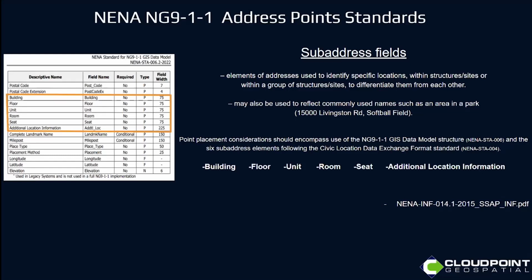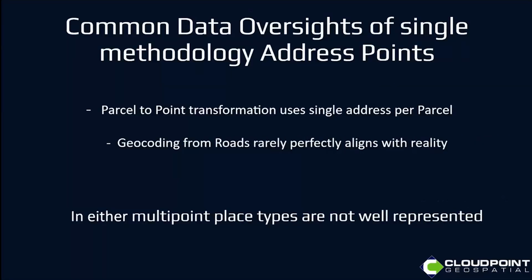And you can see that these are in increasing level of specificity: building, floor, unit, room, seat. It's kind of zooming in on a particular location. And we'll talk a little bit about what NENA expects those fields to be filled with in just a bit.